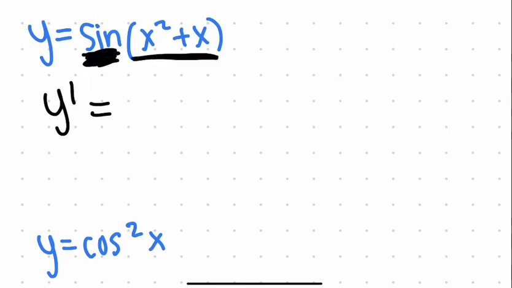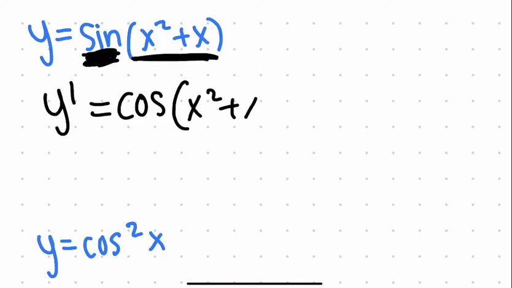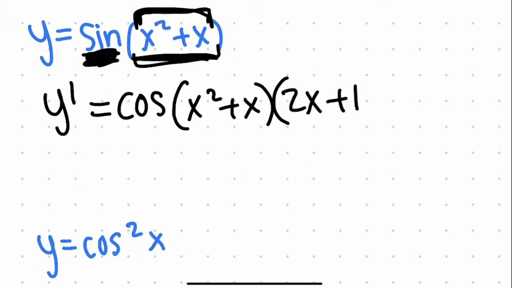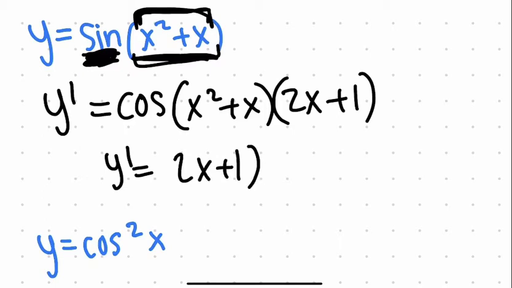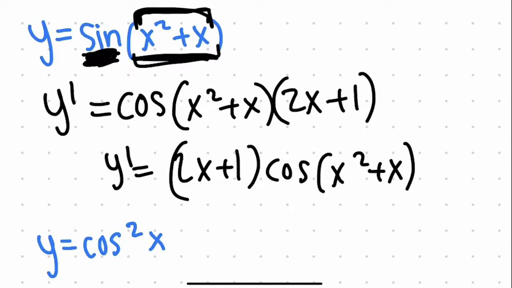So first you take the derivative of f, or sine of x, which is cosine of x. You keep this part the same, and then you multiply by the derivative of g, or in this case, it's x squared plus x, which is 2x plus 1. So your final answer is going to be 2x plus 1 times cosine. So that's your final answer.